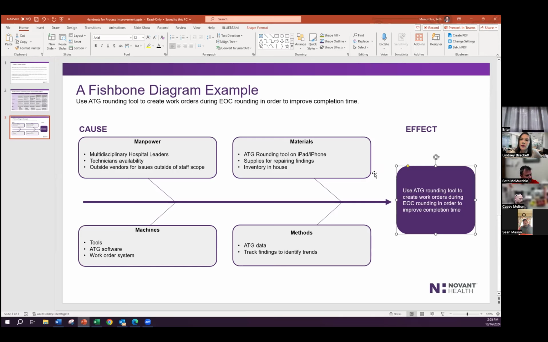Okay, is this being done now, where people are using the ATG rounding tool? Not everyone. Partially. Okay, and why wouldn't people do this? What would be the reasons they're not doing this? They don't have access. Okay, why don't they have access? They're not aware.